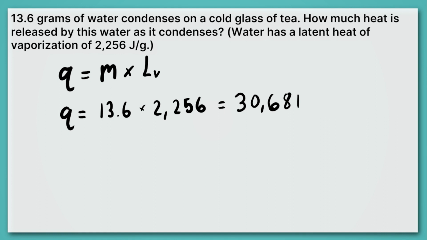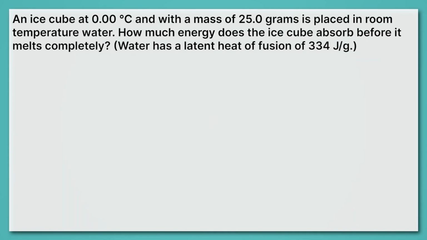So you can see this is exactly the same steps as if we had used it as a conversion, where we're just multiplying the mass by the latent heat of vaporization. We need to round for sig figs. Here we should be left with 3 sig figs. So 1, 2, 3. That 6 is going to round up, and we'll get 30,700 joules.